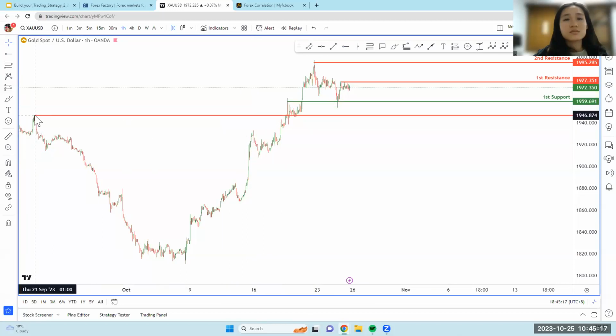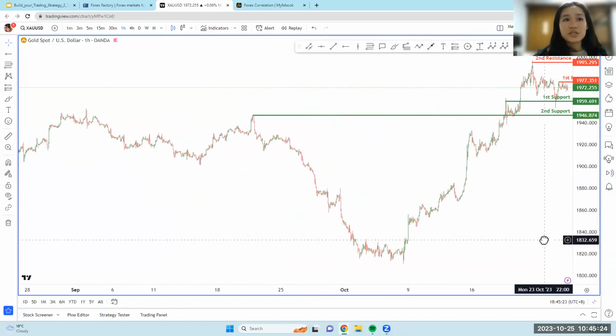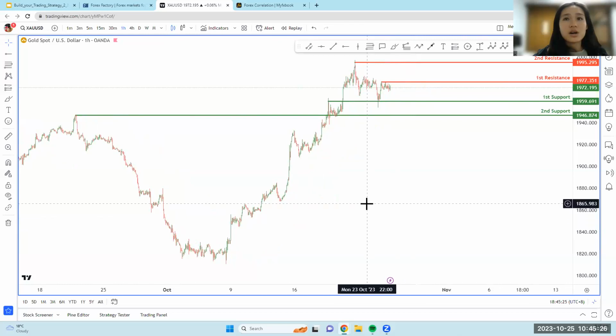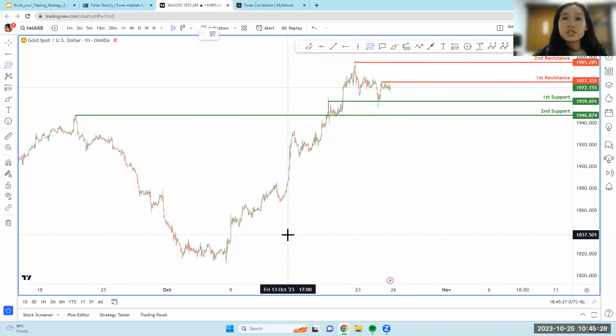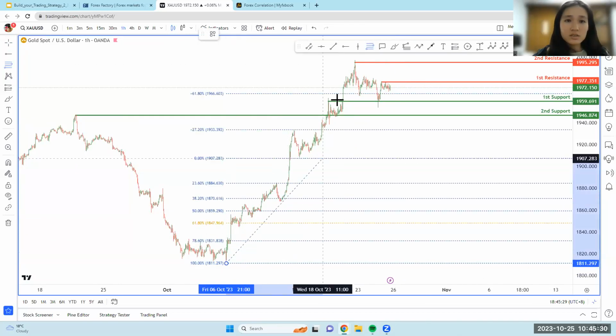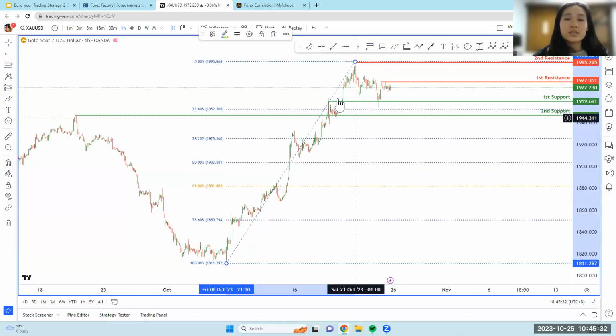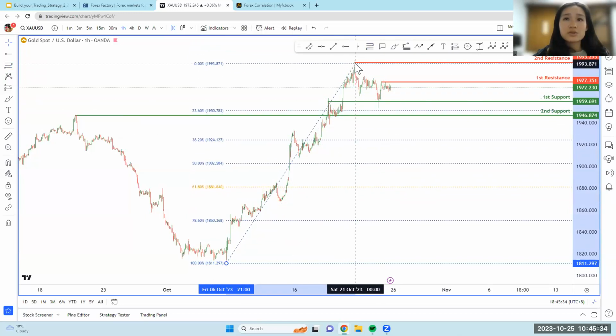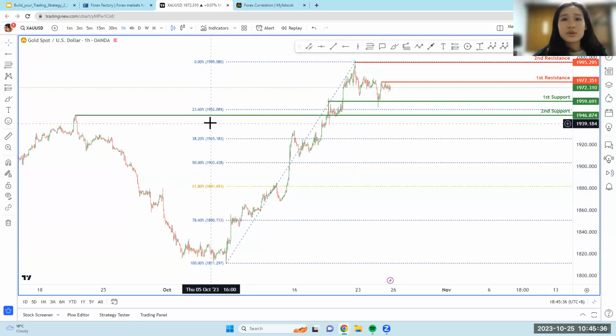Okay, second support here. So these are just purely graphical. And now I'll go in with some Fibonacci levels to support my graphical levels. I can see my 23.6 lines up with my second support.